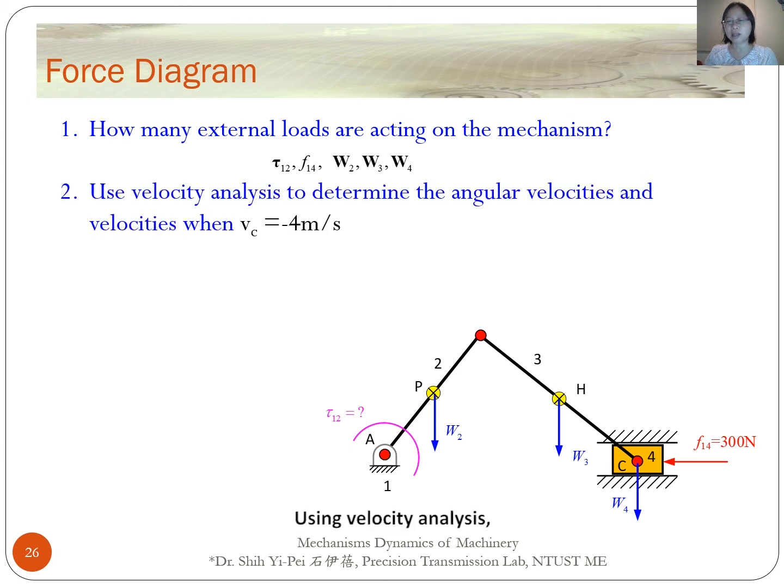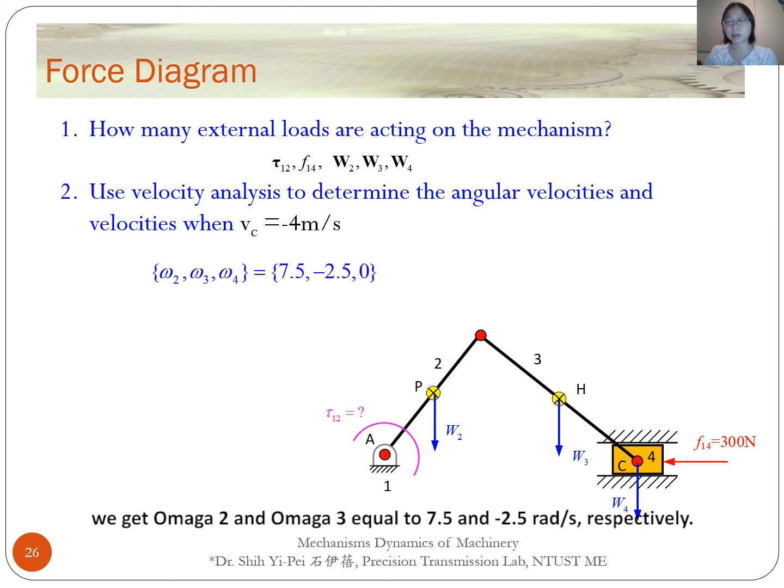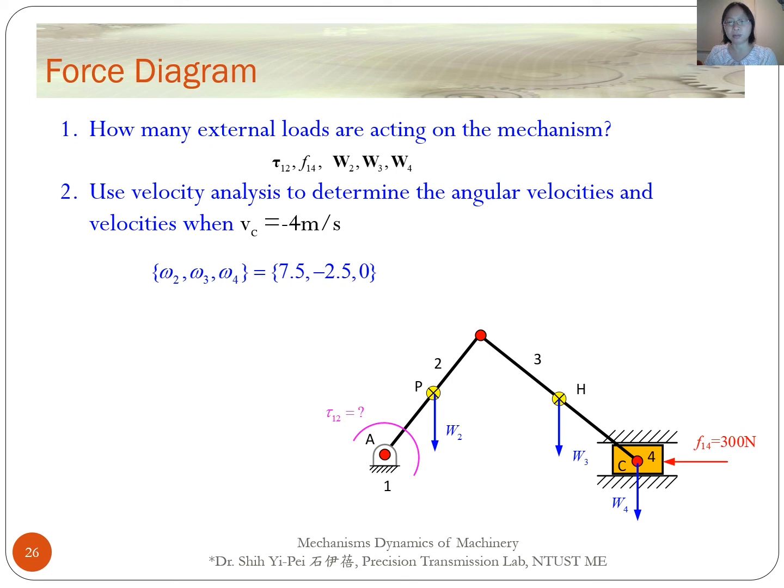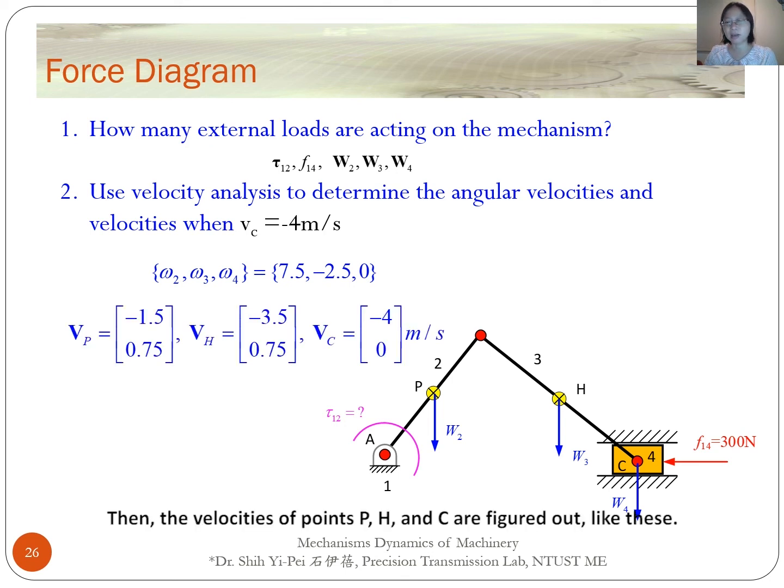Using velocity analysis, when the velocity of point C is given as minus 4 meters per second, we get omega 2 and omega 3 equal to 7.5 and minus 2.5 radians per second, respectively. The slider 4 cannot rotate, so omega 4 is 0. Then the velocity of the points P, H, and C are figured out like this.